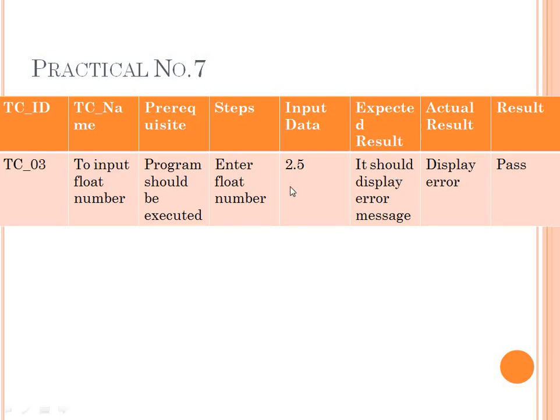If we enter a floating point number, it should display the error message. If it displays the error message, the test case is pass, otherwise the test case is fail. Here the actual result is that it displays the error message, so the result is pass.